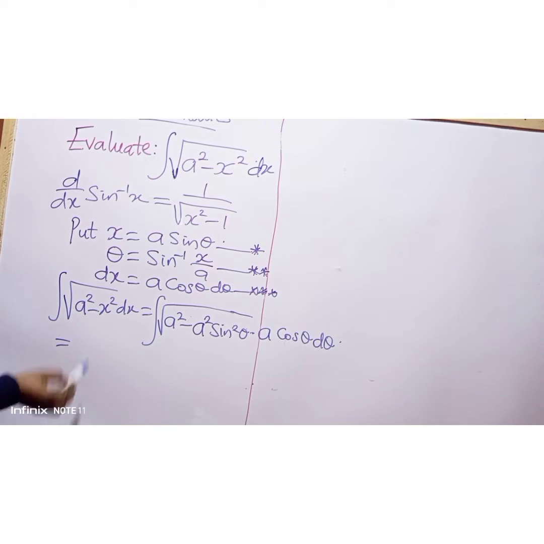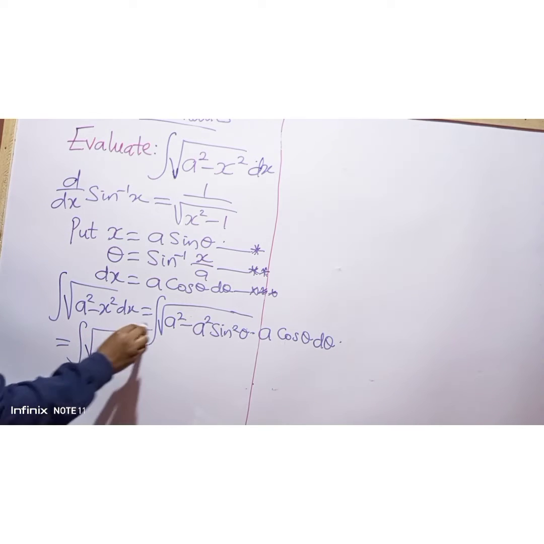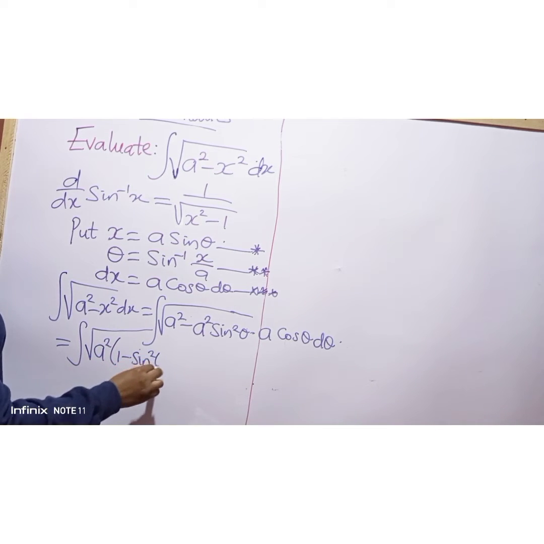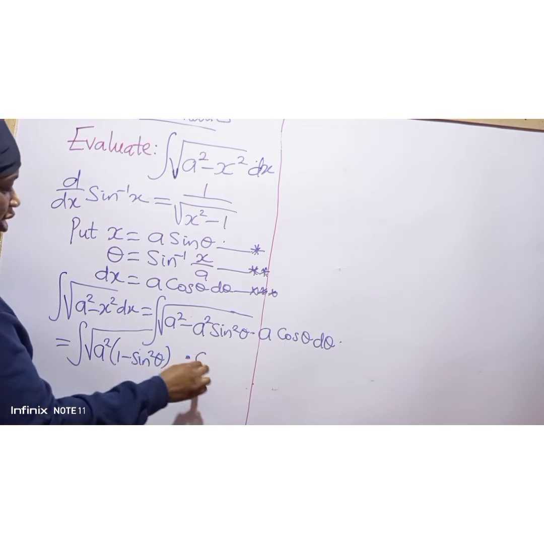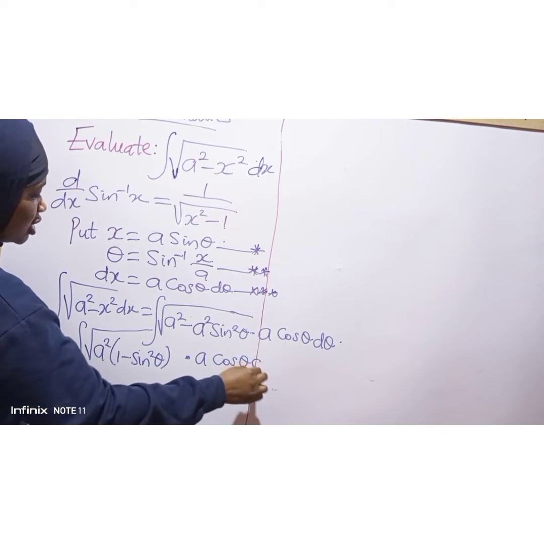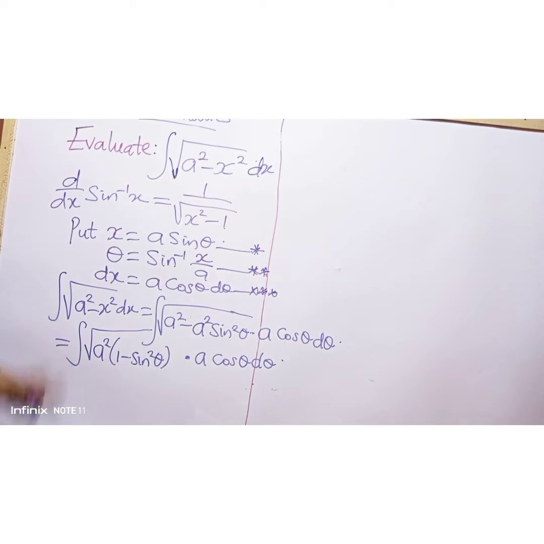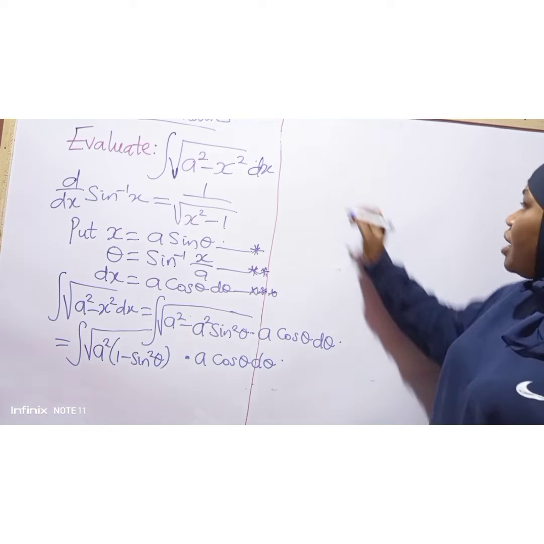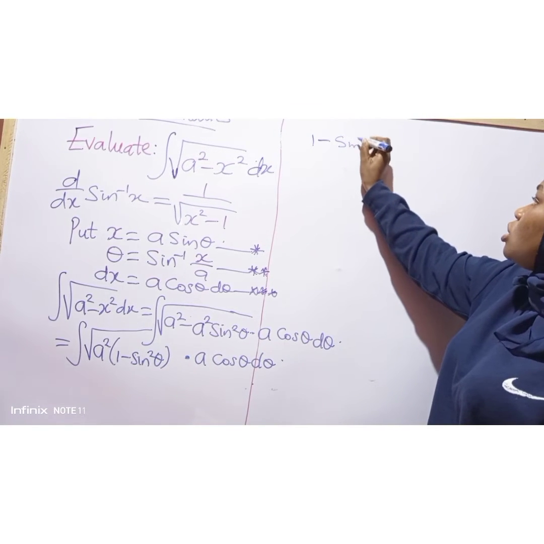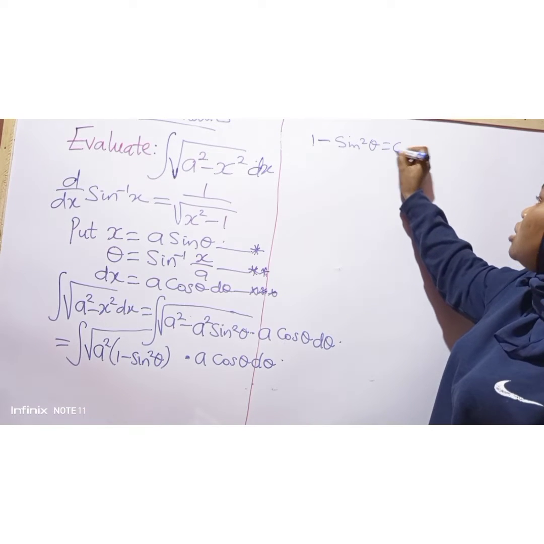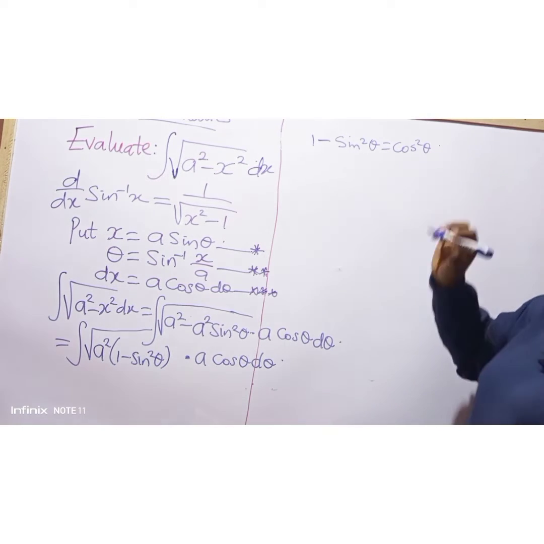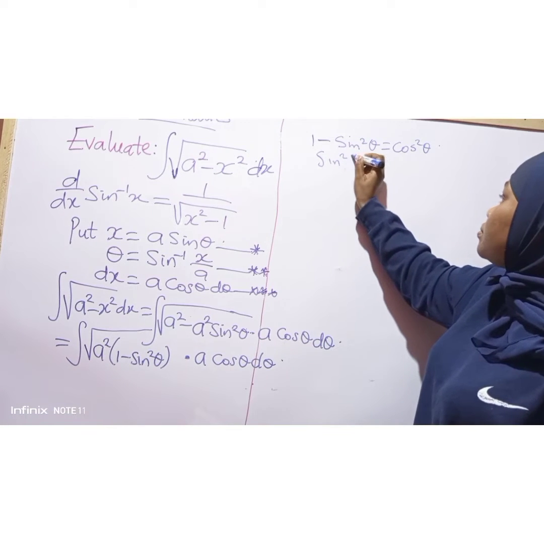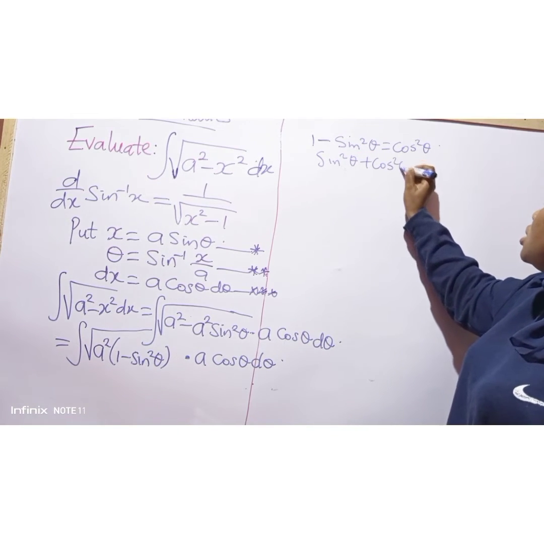Let me factorize a squared out: a squared into bracket 1 minus sine squared theta, then multiply by a cos theta d theta. According to the trigonometric identity, 1 minus sine squared theta is the same thing as cos squared theta, because sine squared theta plus cos squared theta is equal to 1.